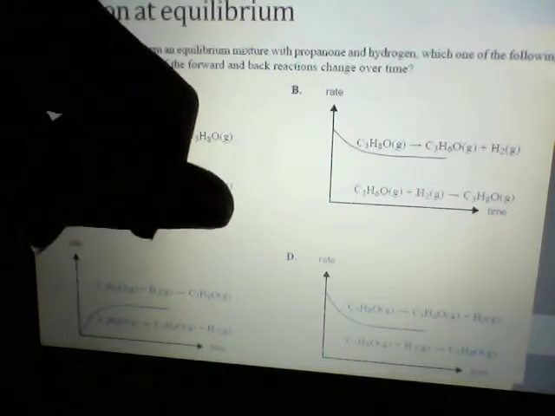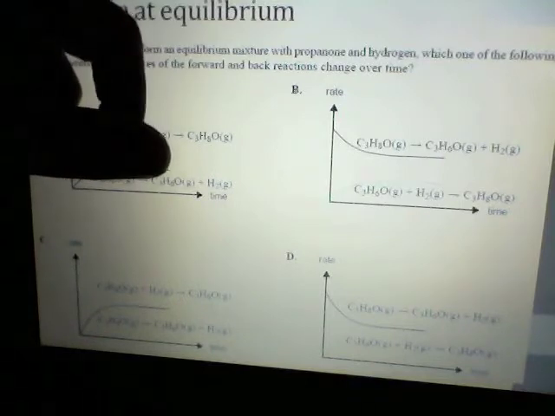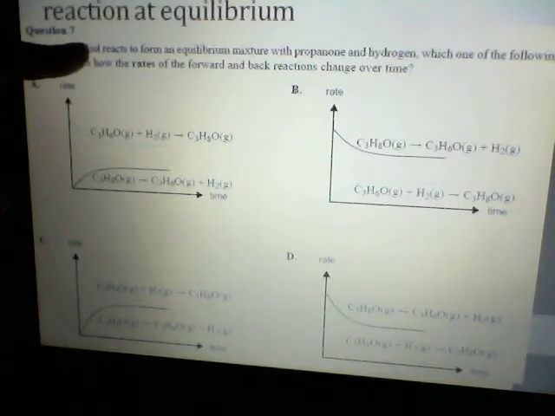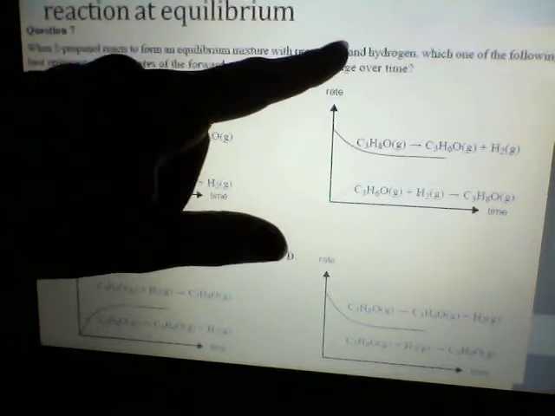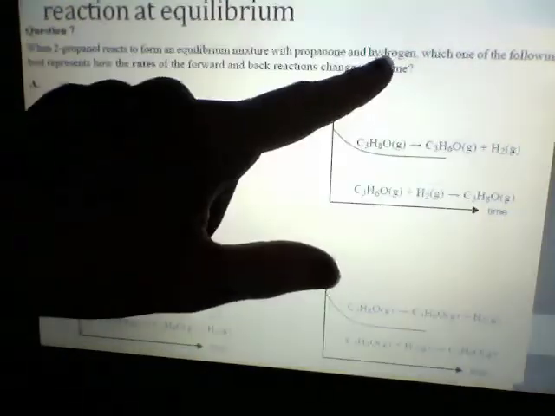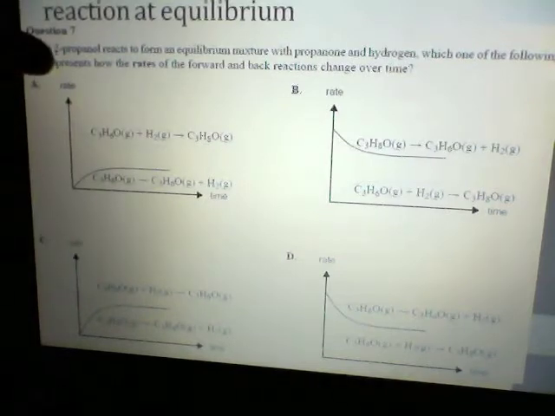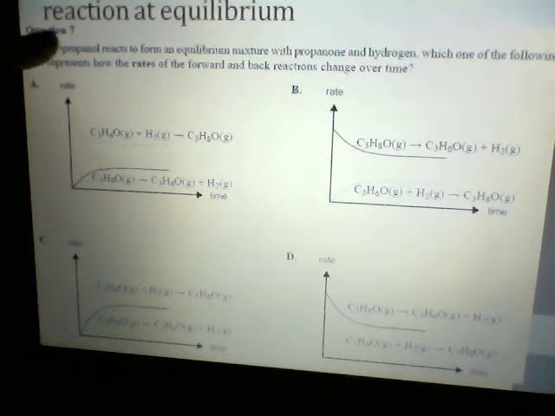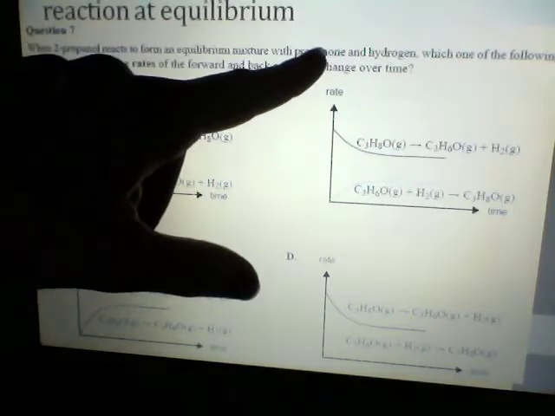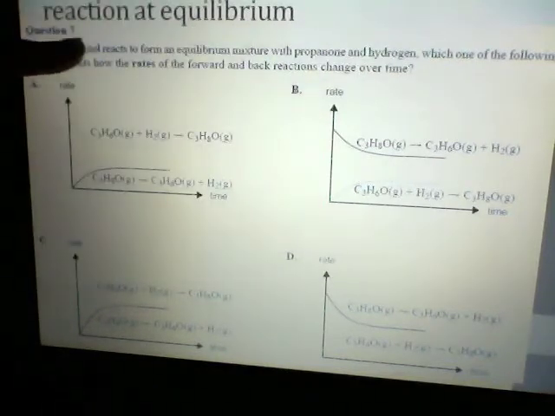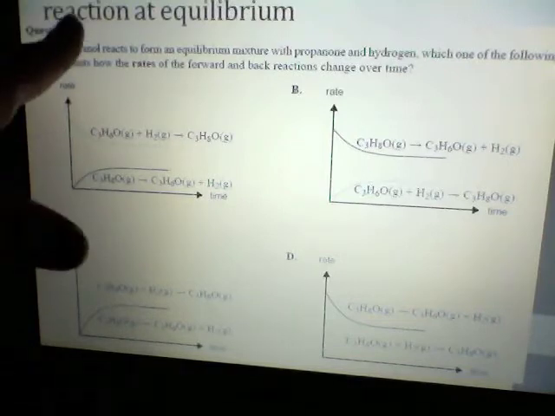Now let's identify the forward reaction. 2-propanol is what we start off with, so 2-propanol being converted into propanone and hydrogen will be at the highest rate at first.